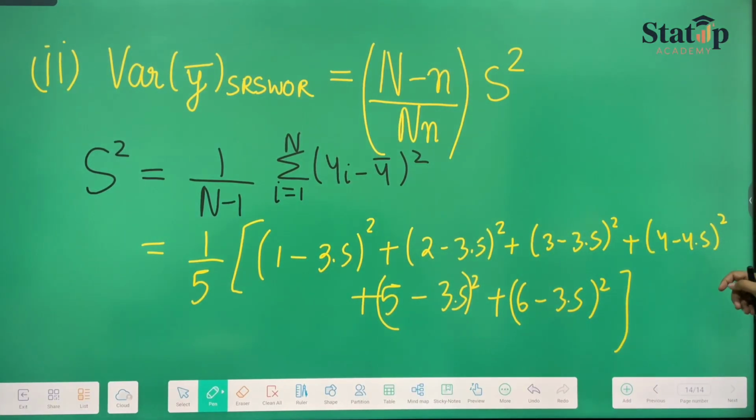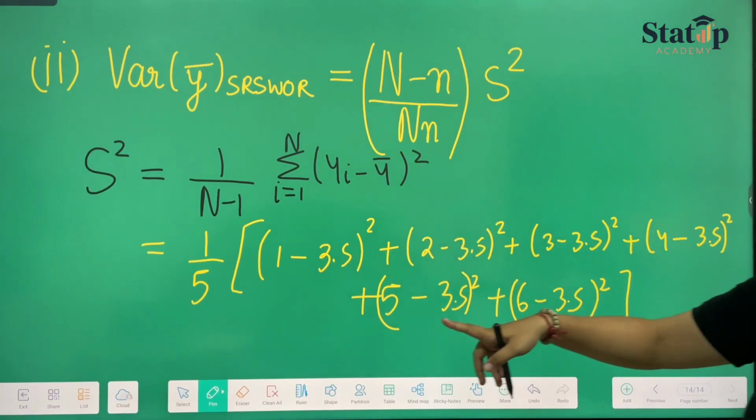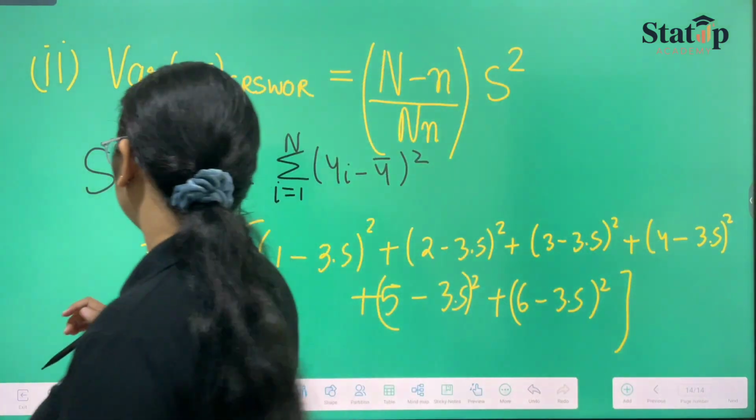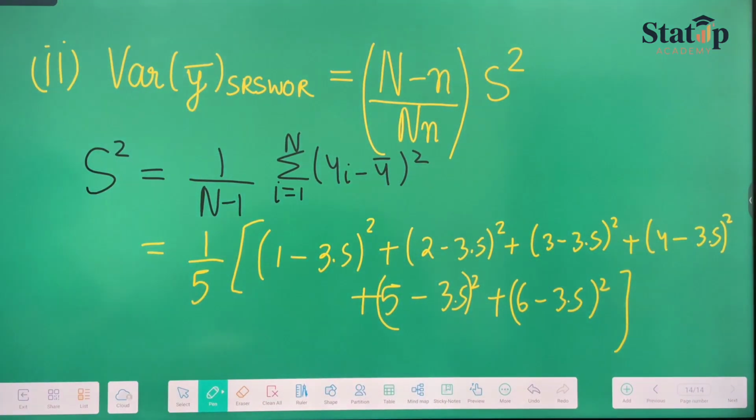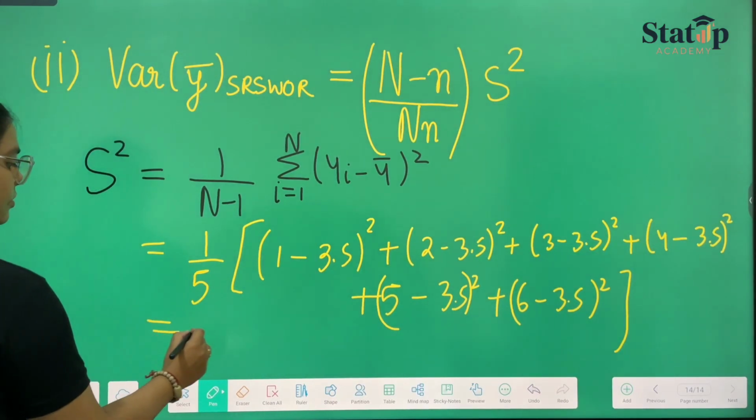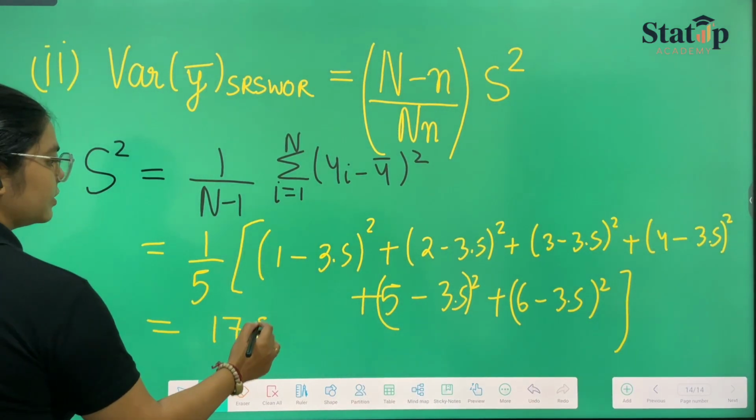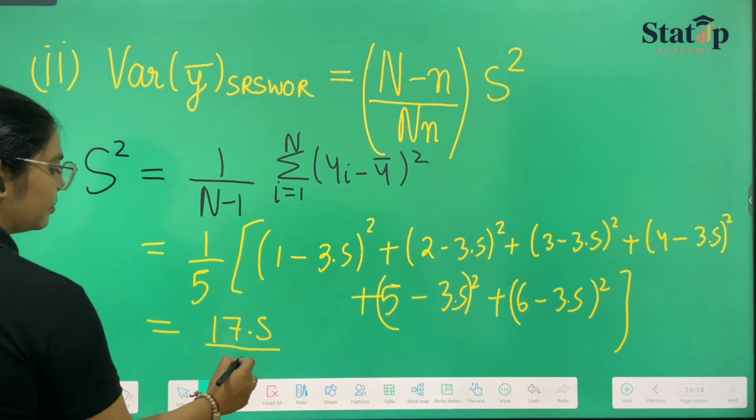Here I mistook it as 4.5; it is 3.5 whole square. So this will be the formula. On solving this, the final answer for capital S square will be 17.5, the sum of all these, upon 5.